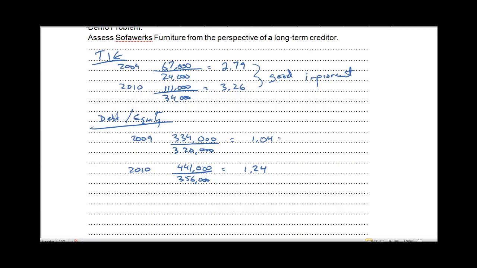Okay. So again, we would say that this is good. Normally, if there is such a thing, there's kind of a benchmark ratio of 2 to 1, right? So that indicates here, without us knowing any more about what's normal in the furniture industry, that they've got room to take on more debt.